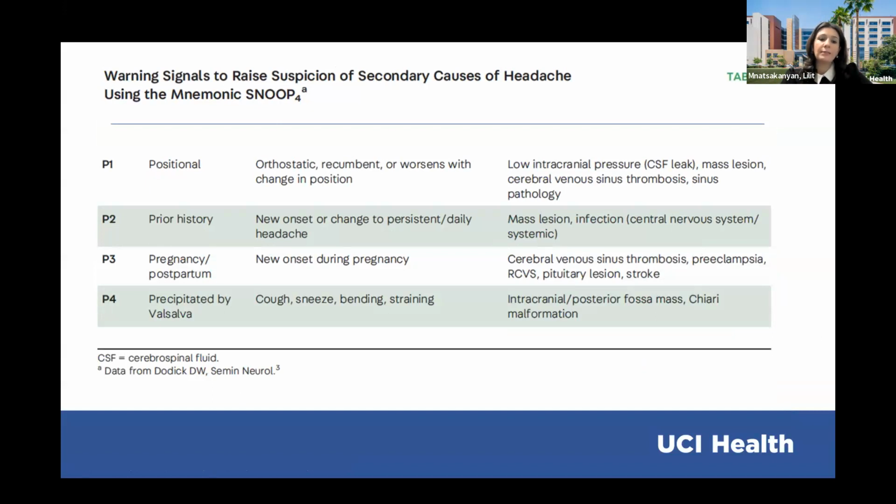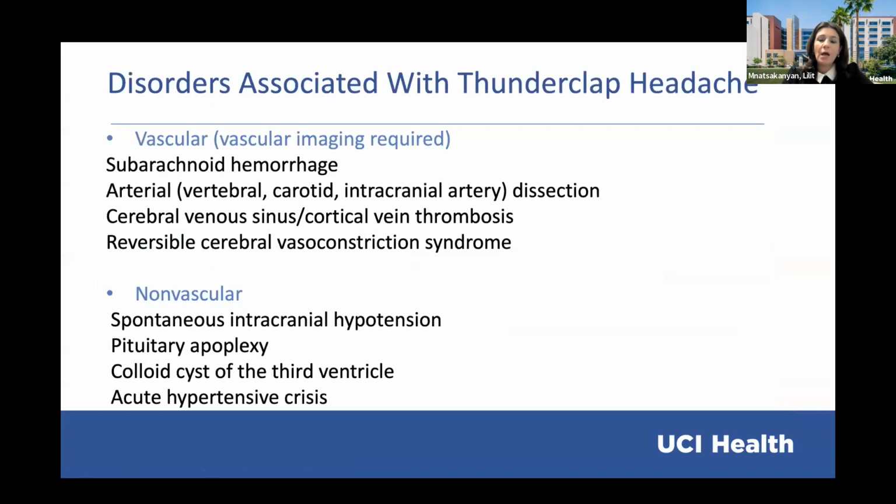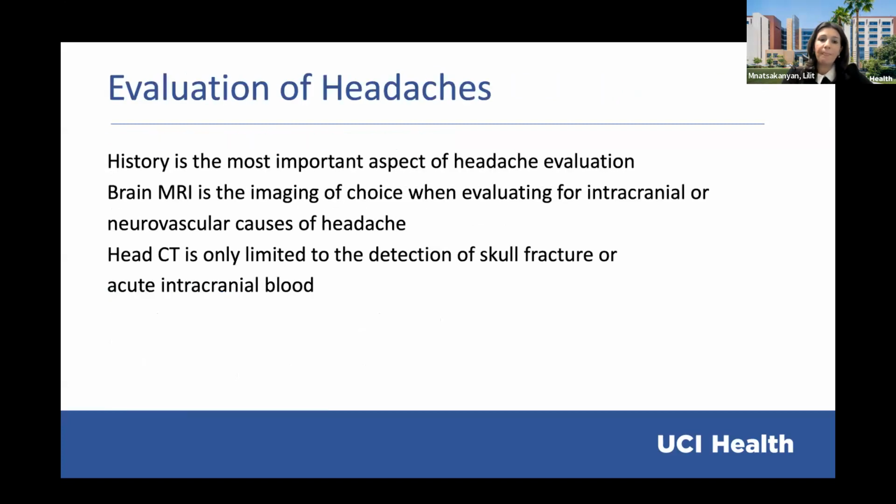Pregnancy, postpartum, and headaches precipitated by Valsalva maneuver all need additional attention. For thunderclap headaches, it's absolutely important to rule out vascular problems such as intracranial bleeding, mainly subarachnoid hemorrhage from aneurysmal rupture, or vessel dissection or sinus thrombosis, which could be devastating and carry high mortality, and some other non-vascular causes that need to be considered.